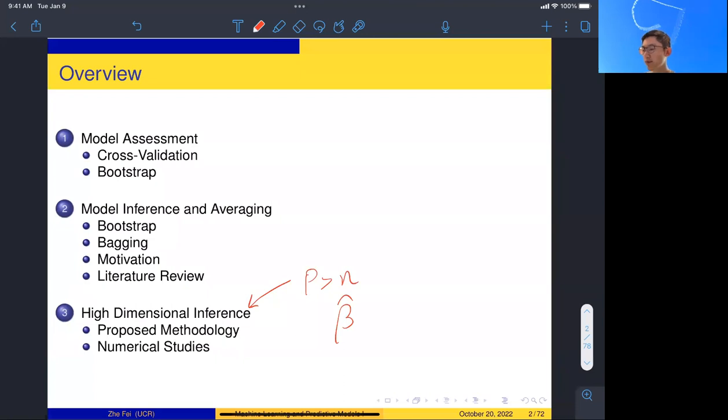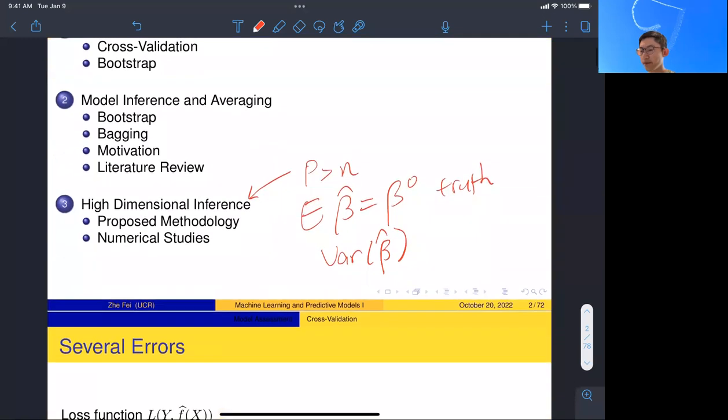In other words, we want to give unbiased estimates for beta hat, so E beta hat equals the truth, for example, the truth is denoted by beta 0, and then we want to give asymptotics, the variance of beta hat as well. But we will talk about more details later.